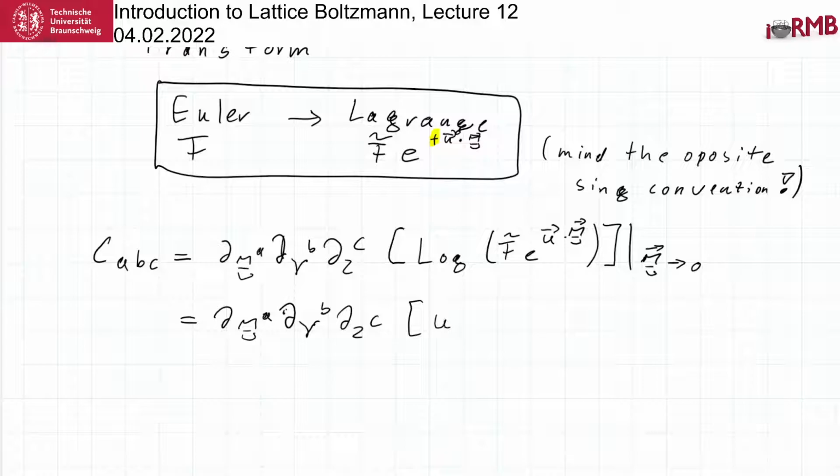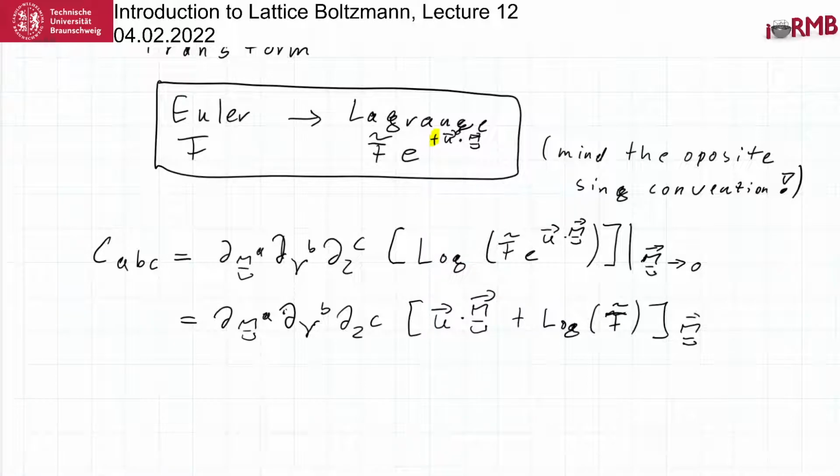So we use the law of the logarithm to write that this is u dot xi plus the logarithm of our f in the new frame for xi going to 0.